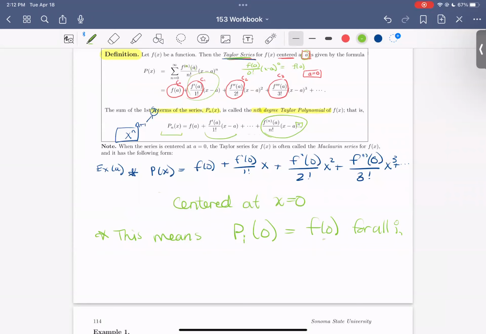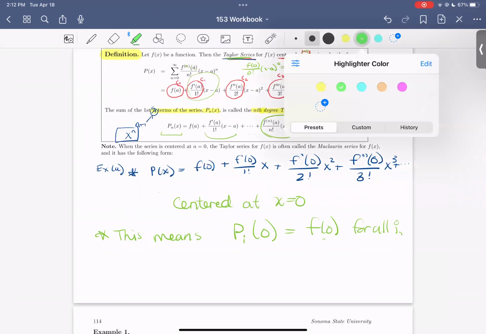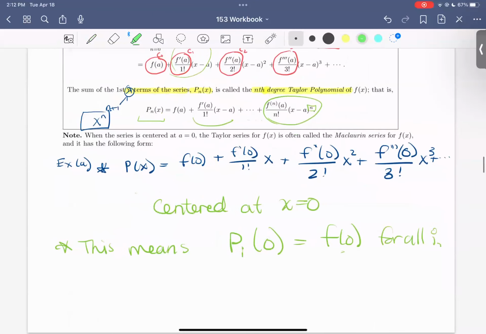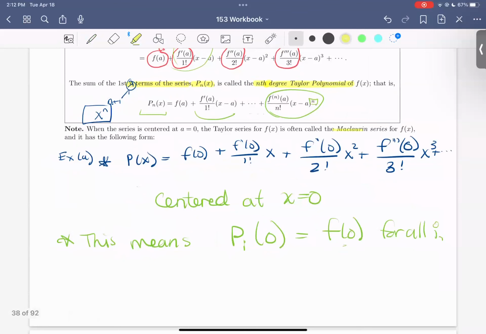It turns out these types of Taylor series centered at 0 are quite common. In fact, they're so common that they are named after another mathematician, Maclaurin. So often when one of these Taylor series is centered at 0, or when a equals 0, we call the series a Maclaurin series for f of x.